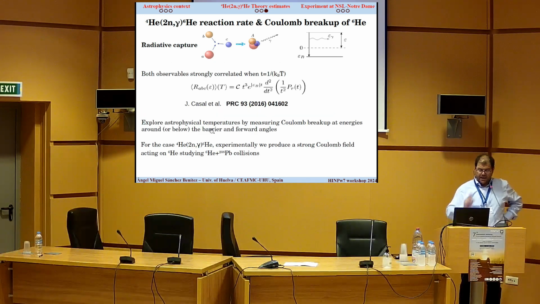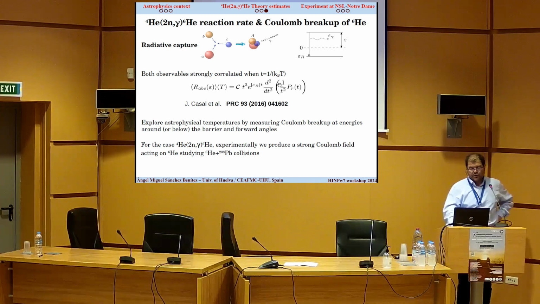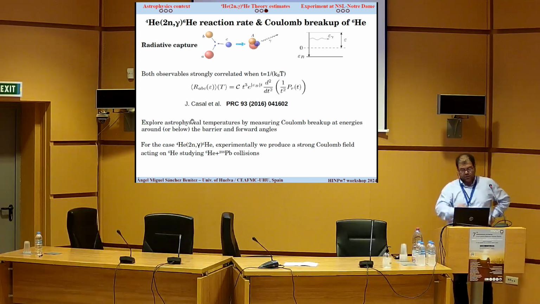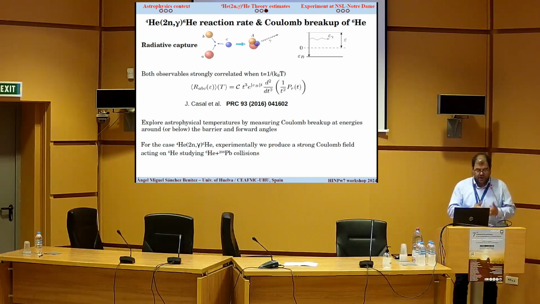These two magnitudes are strongly correlated through the parameter T, equal to 1 divided by the Boltzmann constant times the temperature of the environment, right? So if we measure the reduced breakup probability, we can get the reaction rate at different temperatures. So what we should do is explore astrophysical temperatures by measuring Coulomb breakup at energies around or below the barrier and at forward angles. Why?